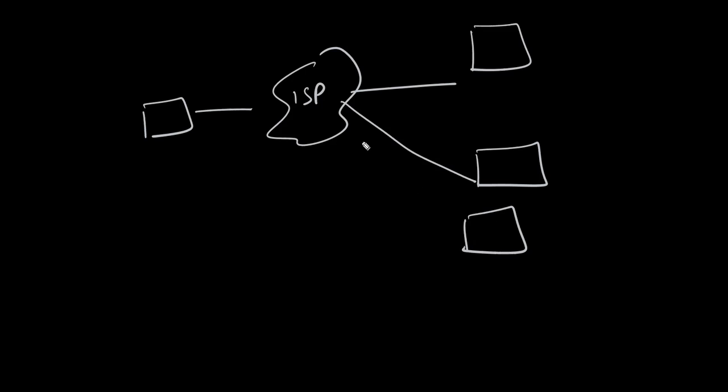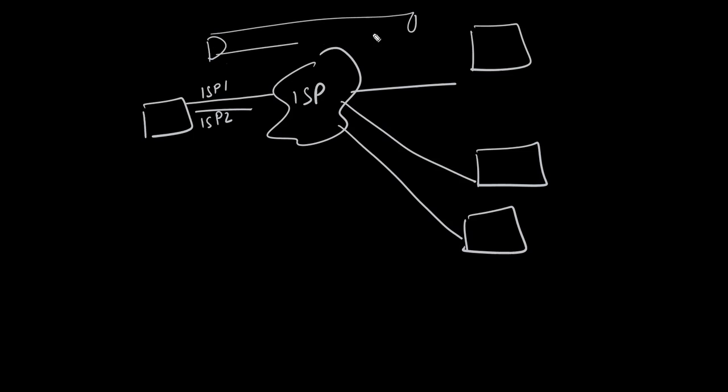You have one more link. This is called ISP1. This is called ISP2. Now, one tunnel is going from your ISP1. Another tunnel is also going up to your ISP2.